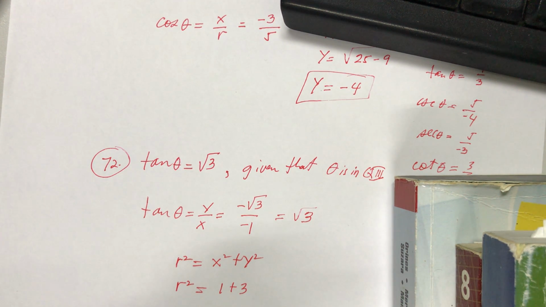When you take the square root of both sides of r squared equals 4, r is equal to 2. R is always positive, since r is the distance of a point found in the terminal side back to the origin.